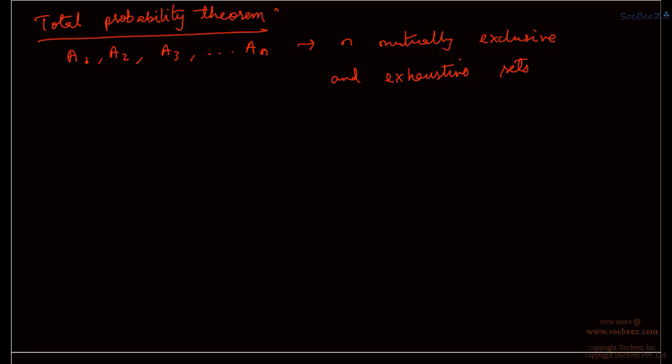Now, since they are mutually exclusive, I can guarantee that when one of them is occurring, the other one is not occurring, right? And exhaustive means all of them combined will give me the whole set, and hence all of my possible outcomes are covered under at least one of the events.